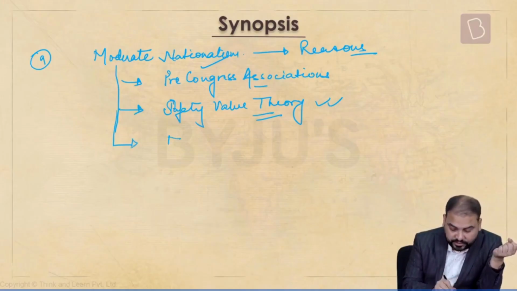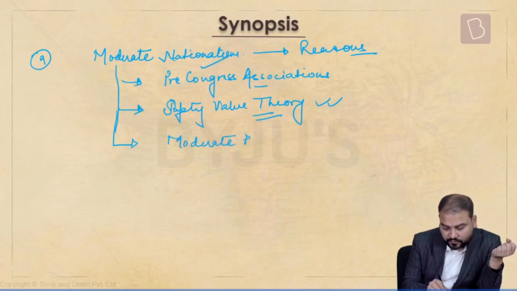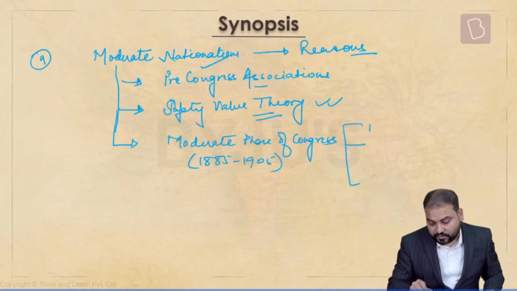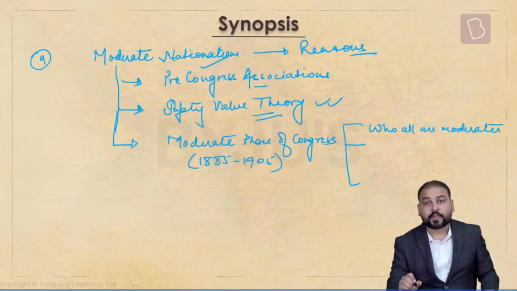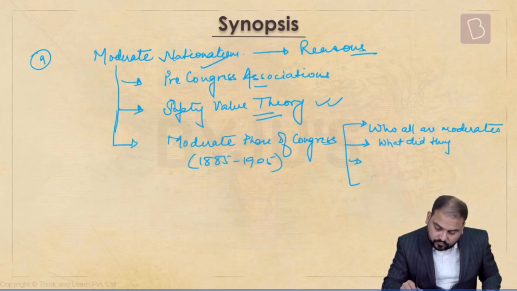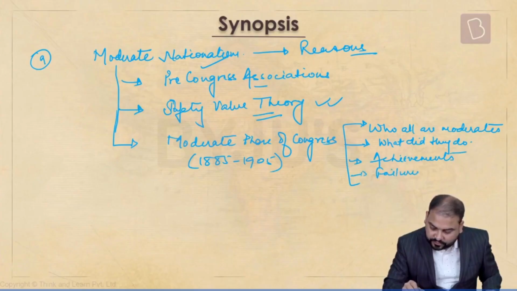After this, we shall enter into the moderate phase of Congress, which was there from 1885 to 1905. Here we shall see who all are moderates. Number 2, we shall see here what did they do, what were their achievements, what were their failures, or if I say it like this, drawbacks.